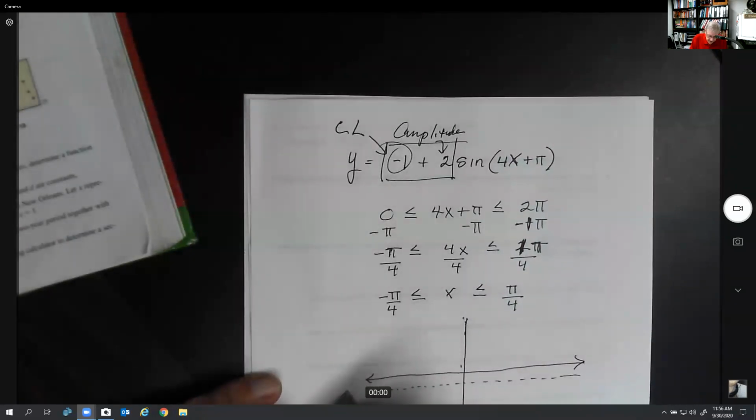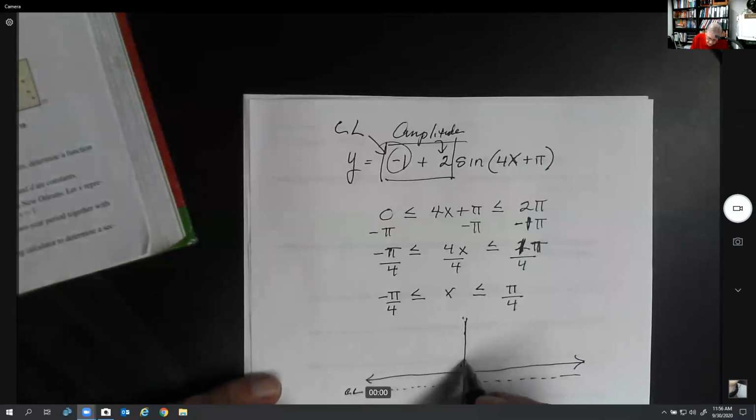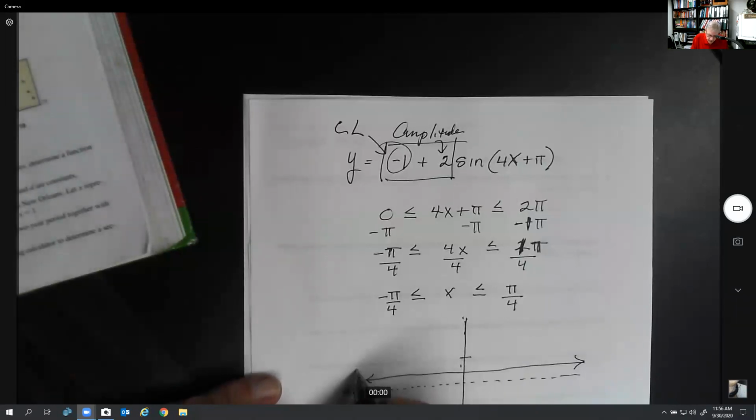So this is our center line. Let's put CL. And from the center line, we're going to go up 2 units. That would be at 1. And down 2 units. So that would be -3. And I like to dot those in also.